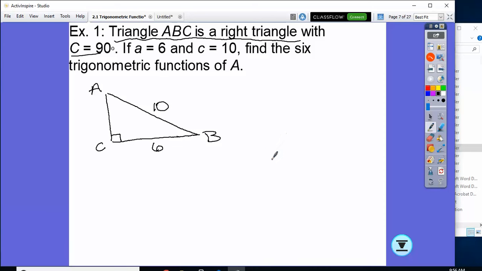I need my other side. How can we get that? Pythagorean theorem. A squared plus B squared equals C squared. So my A was 6. We don't know B. C is 10.